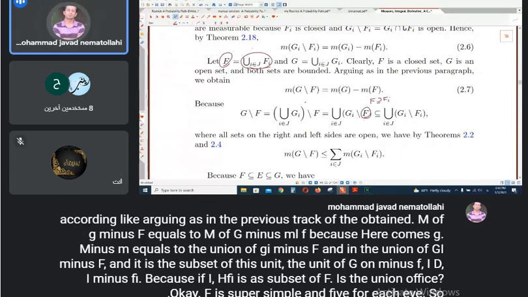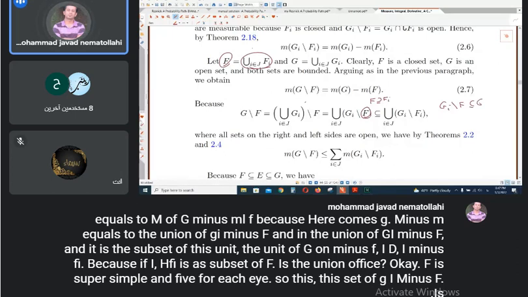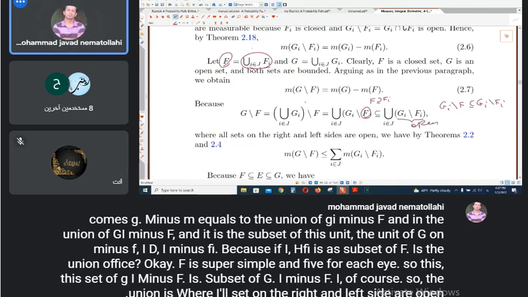So this set G_i minus F is a subset of G_i minus F_i, of course. So their union is... where all sets on the right and left sides are open.